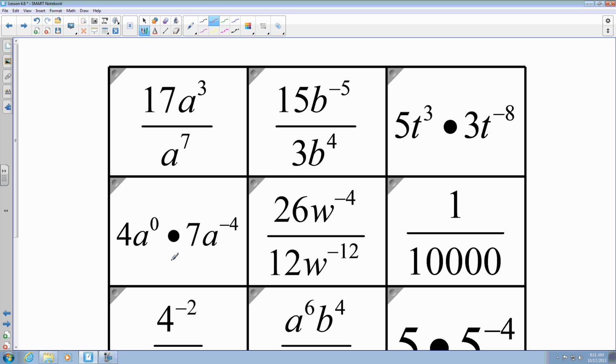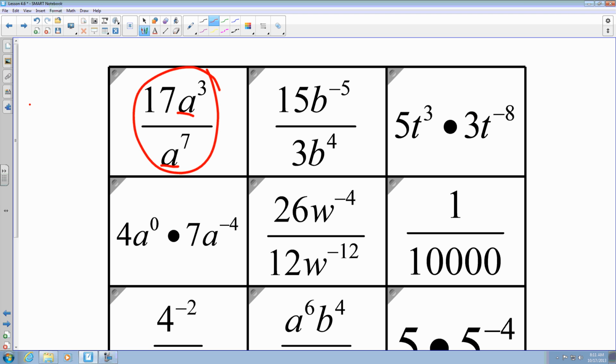Looking at these ones, they have a different set of parameters. Let's take a look at the first one. I have 17 a to the 3rd divided by a to the 7th. Remember our rules. These have the same base and you are dividing them, so we're going to be using the quotient property of exponents.